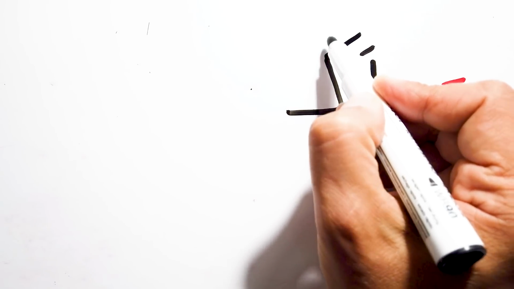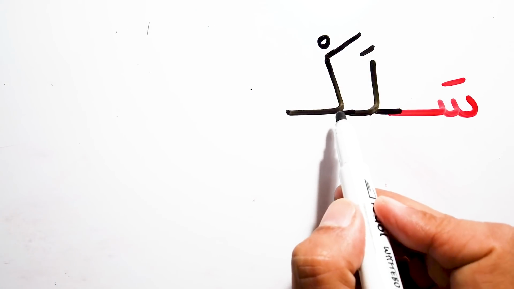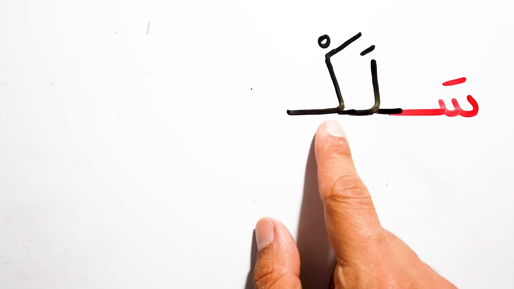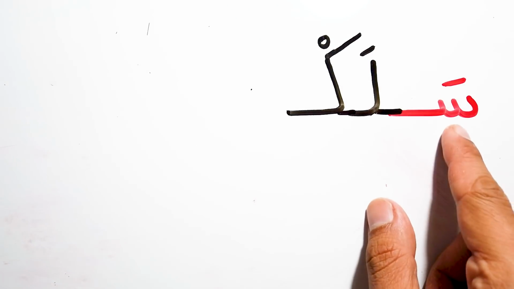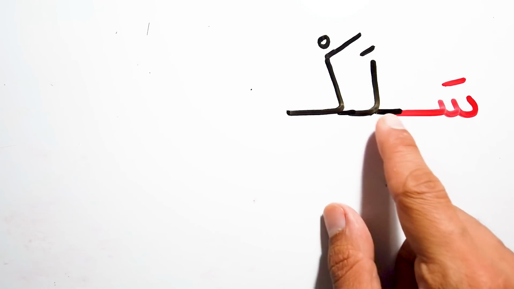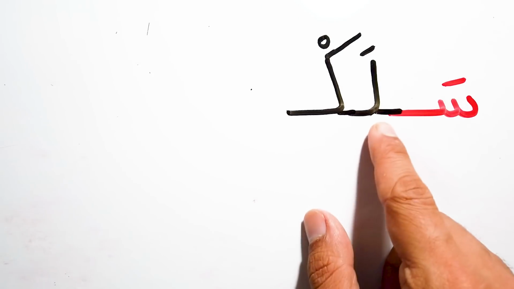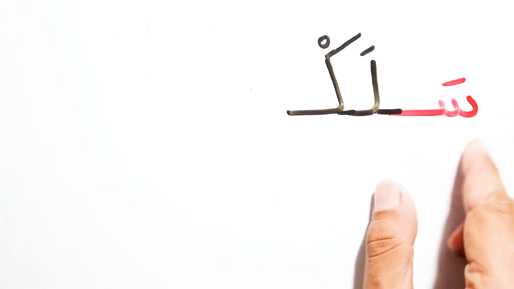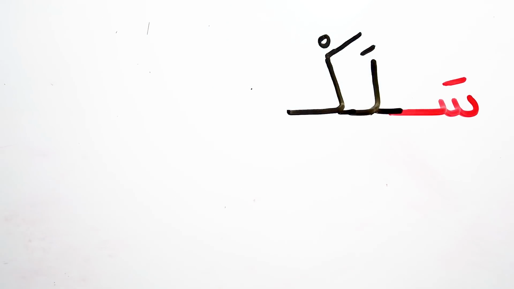So we have here kaf with sukun. So what does it mean? It means I have to pause here. سلك, again. سلك. سلكت.